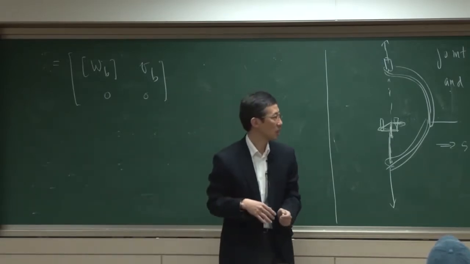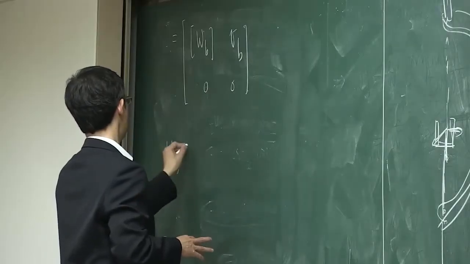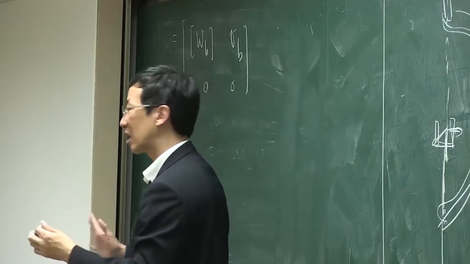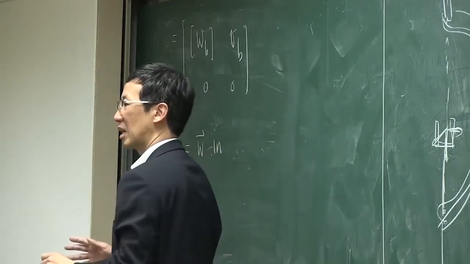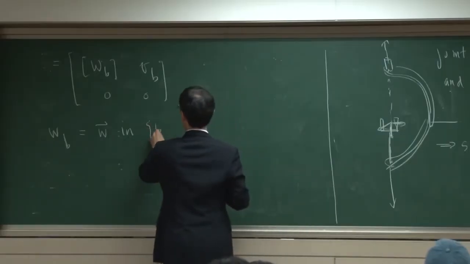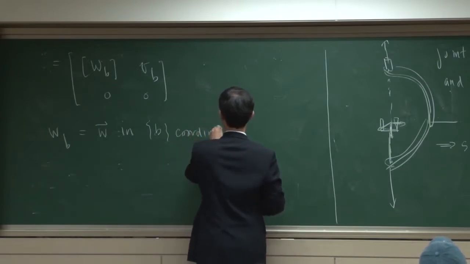Omega B is R transpose R dot, which is the angular velocity omega in what frame? In the B frame coordinates.